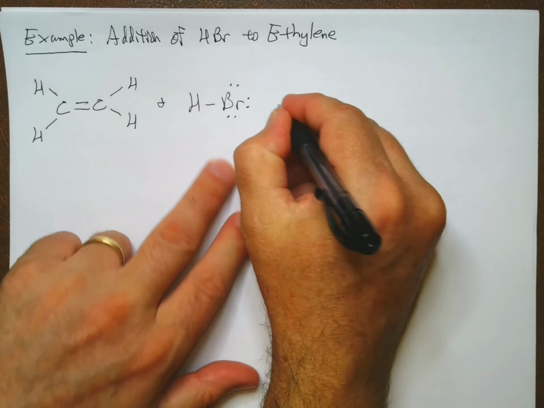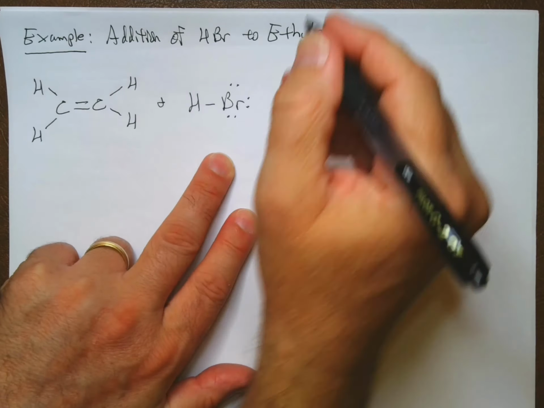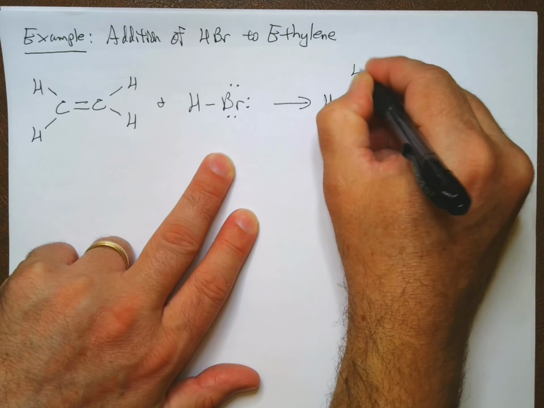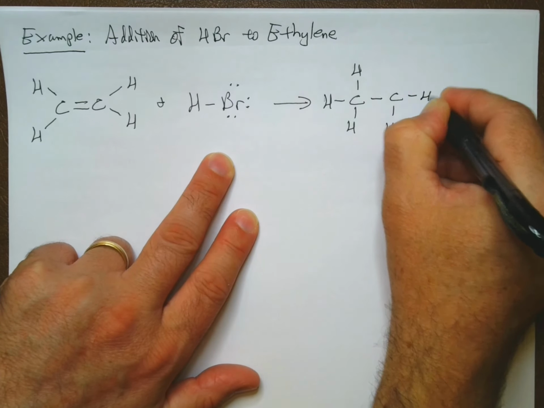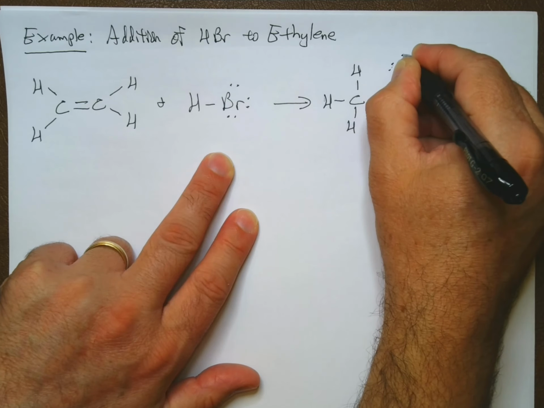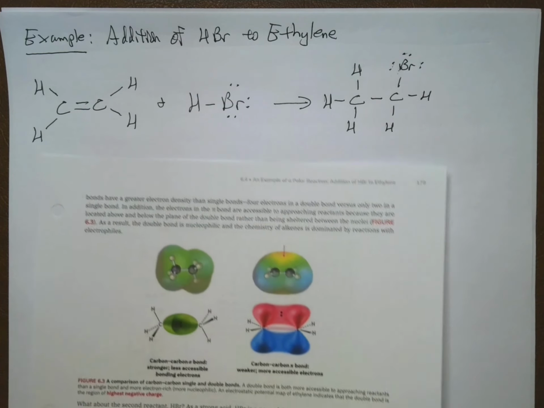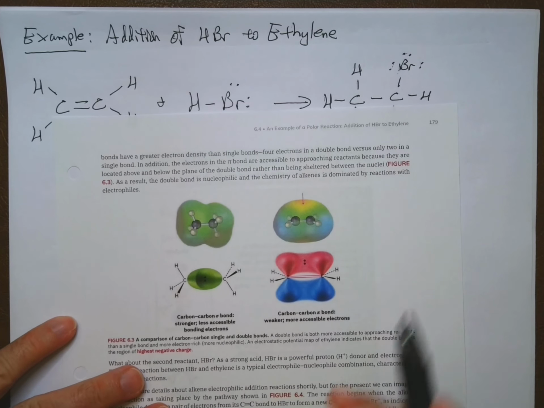And they're going to react to give us bromoethane. So let's look at some features of this reaction. In particular, let's take a look at what's going on, as we can see here in figure 6.3.